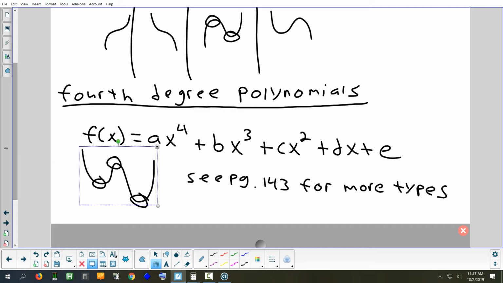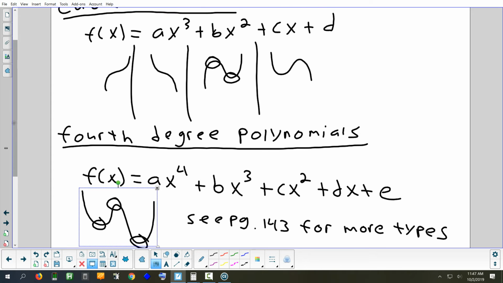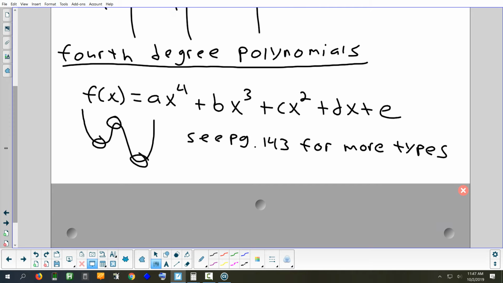This one is up, up. Odds always have one of each. Down, up, down. You could also have that flipped over and have it look something like that. Down, down. Okay, so page 143 shows you tons and tons of pictures of these if you want to see more.